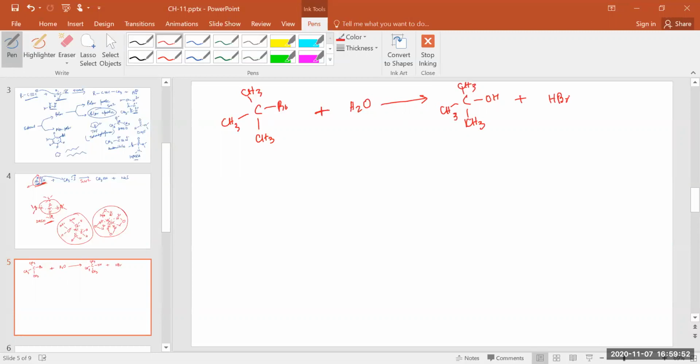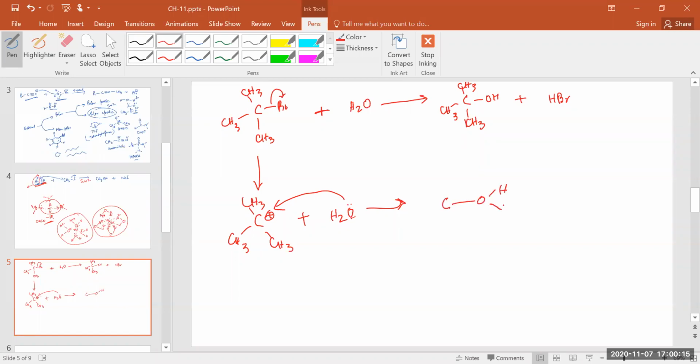What will be the mechanism? First the bromine will leave and make a carbocation. As soon as the carbocation forms, a water molecule will react and make this.